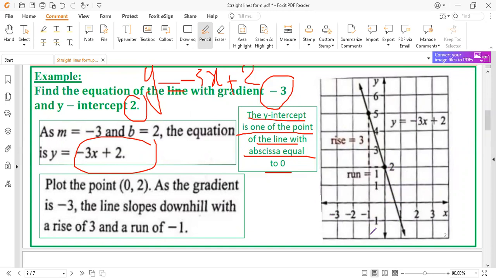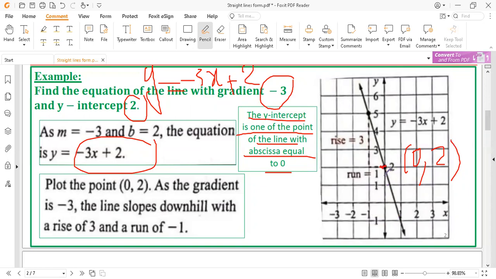So it is easy to plot the point (0, 2) here, because (0, 2) is the y-intercept, the point of intersection.